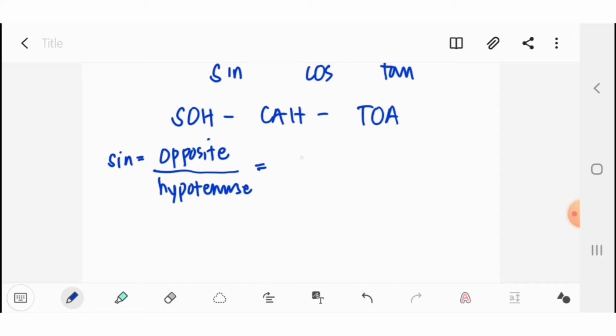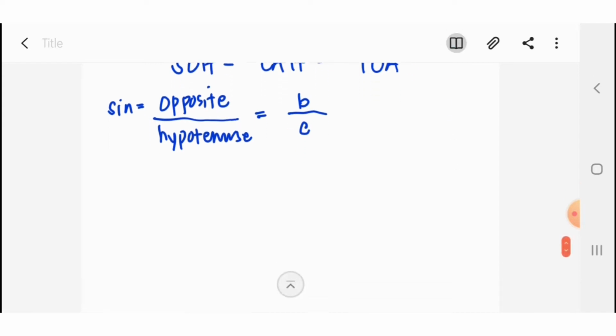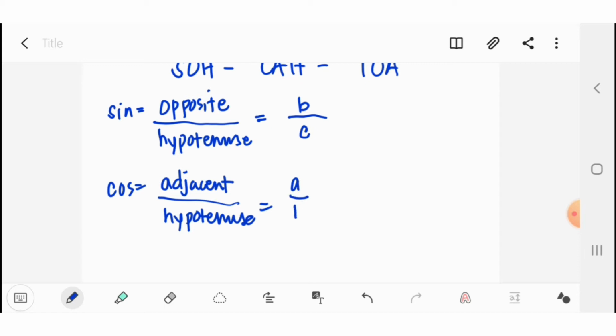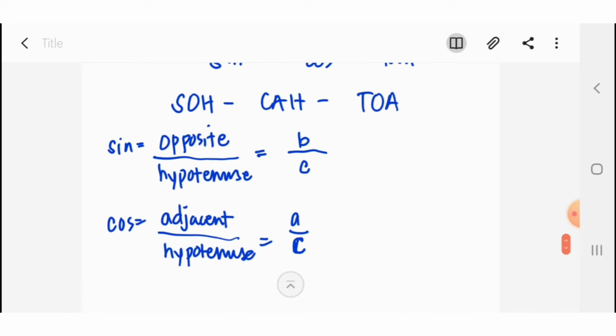The opposite side is letter B and the hypotenuse is C. CAH means cosine is equal to adjacent over hypotenuse, or we can name it A over C. And lastly, we have the TOA.